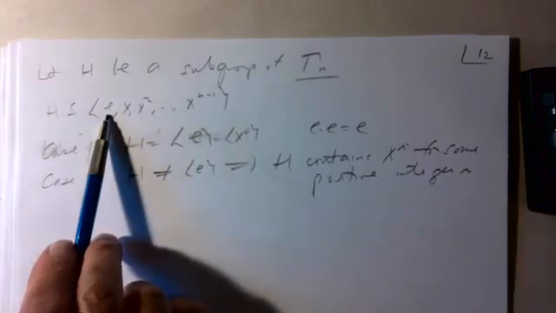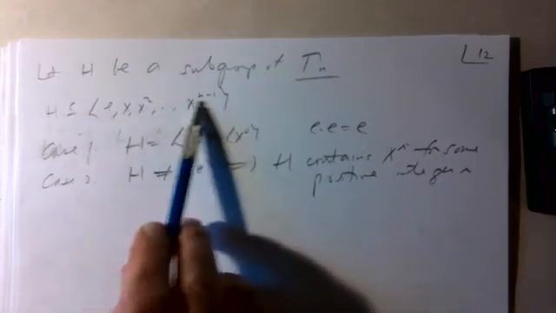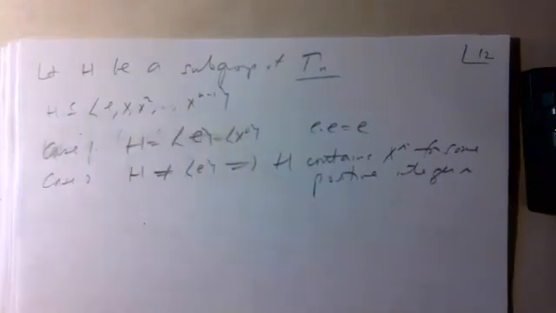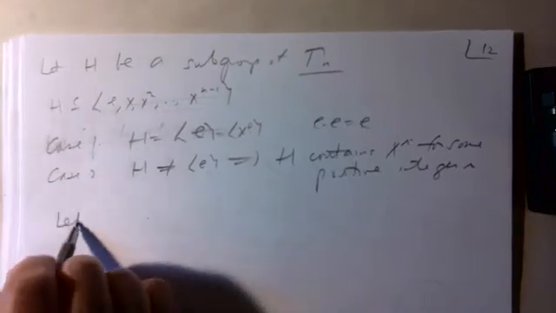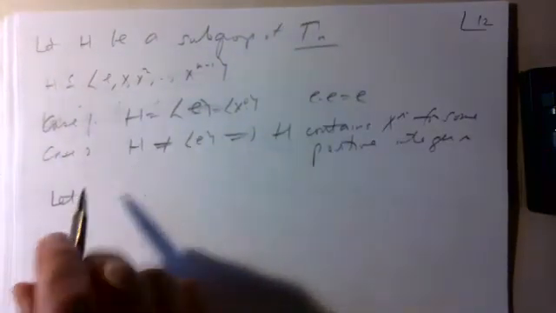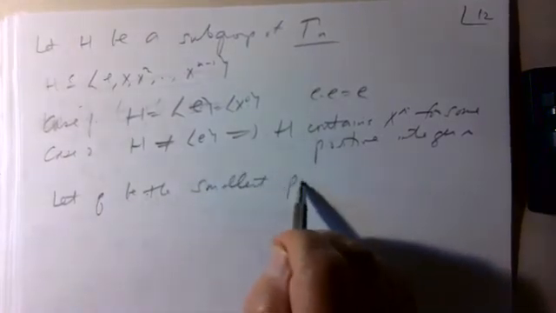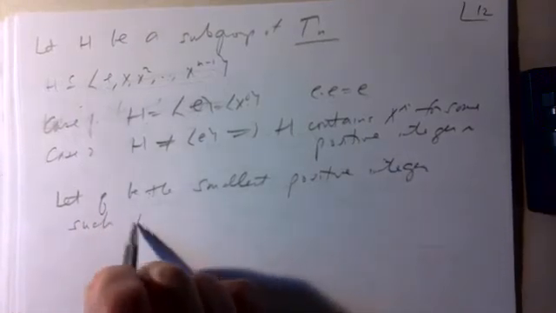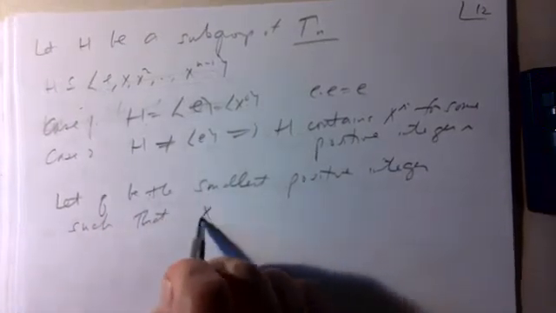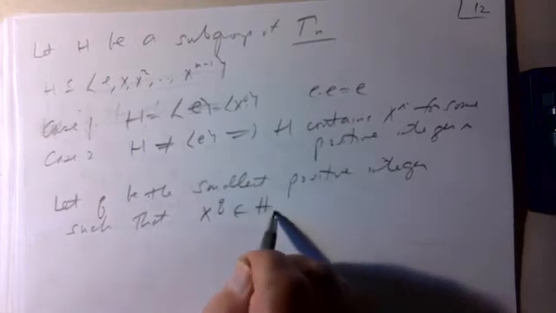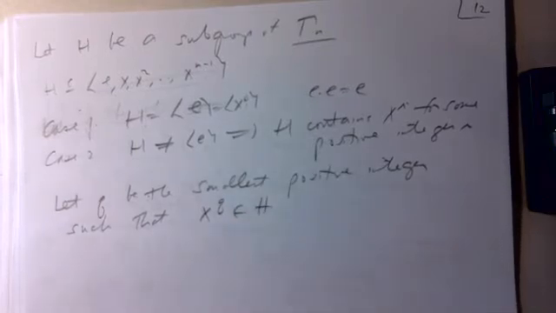It contains more than the identity, so it contains at least one of these elements, and these all have positive exponents. So in this case, when H is not just the identity, let q be the smallest positive integer such that x to the q is in H.